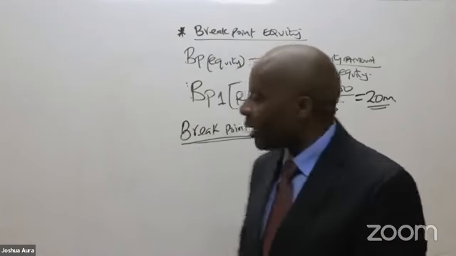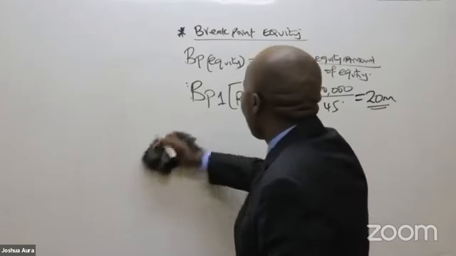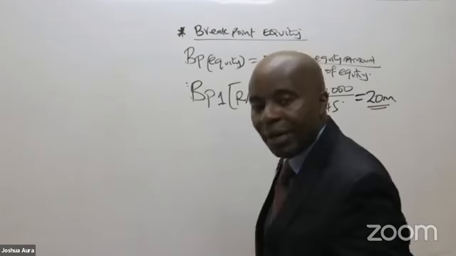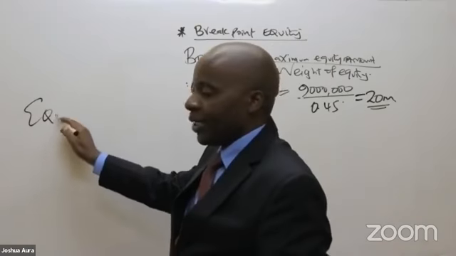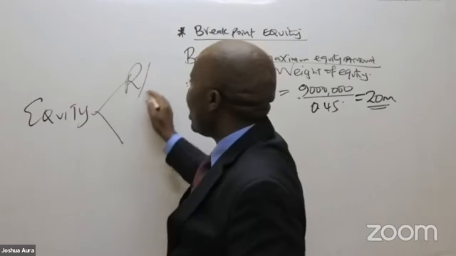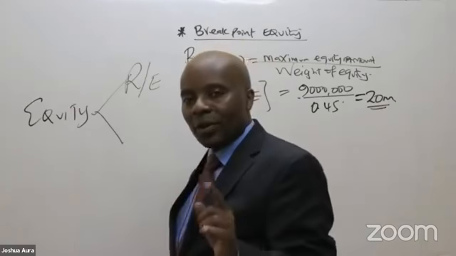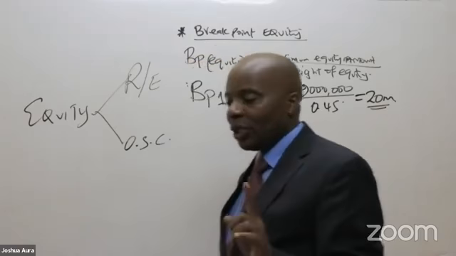The second break point under equity is what we call the break point of ordinary shares. Remember equity capital. Please don't forget that equity has two components: we have the retained earnings, and then we have OSC, ordinary share capital.